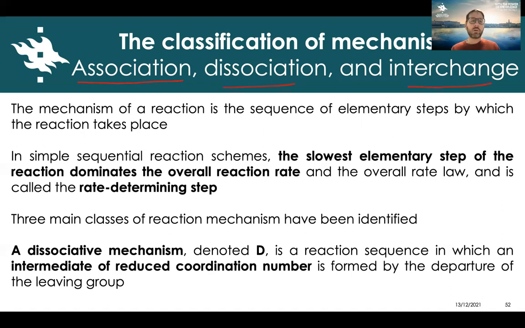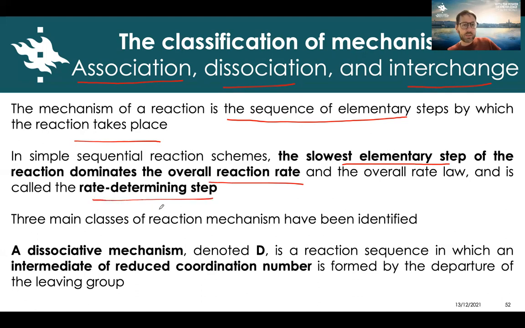When we are talking about reaction mechanisms, we are referring to a sequence of elementary steps by which the reaction takes place. In a simple sequential reaction scheme, the slowest step dominates the overall reaction rate and the overall rate law, and therefore this is the rate determining step.